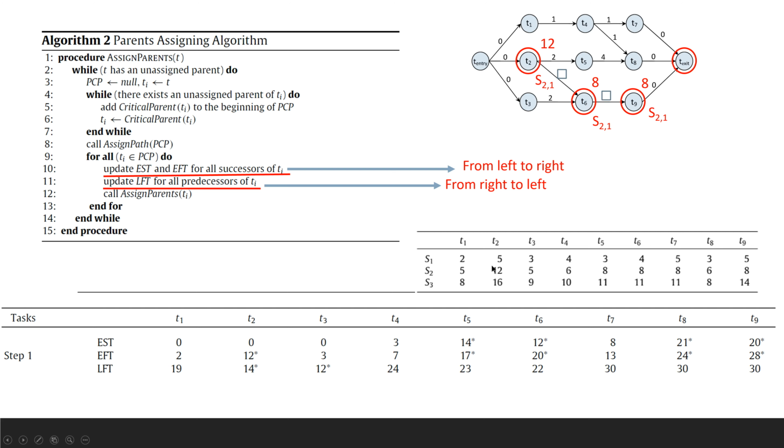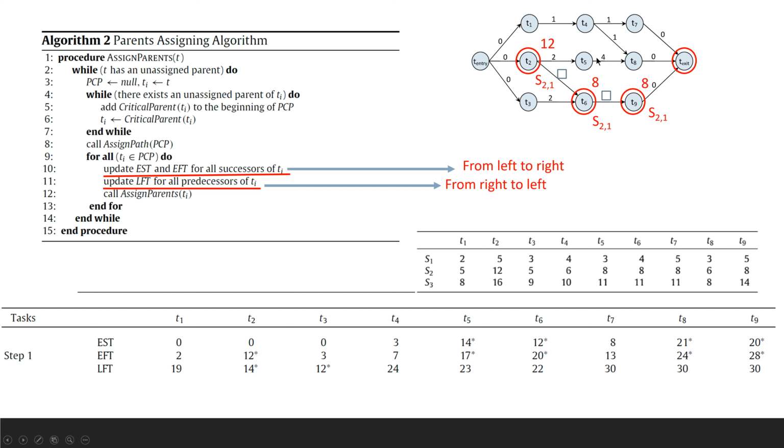S2 has 12 time units, so it will take 12 time units to execute, and then we can update T5 based on this 12. 12 plus 2 is 14, so T5 can start from 14 time units, and T5 will take 3 time units as the minimum execution time at this moment. So we have 14 plus 3 is 17 as the earliest finish time.